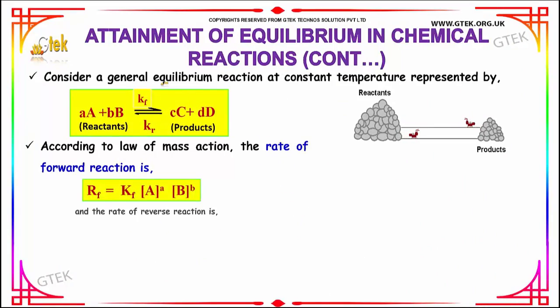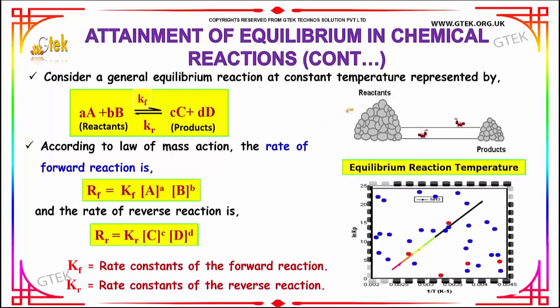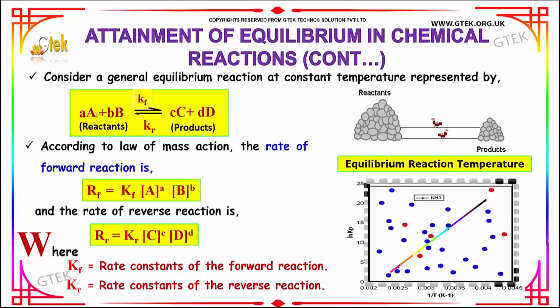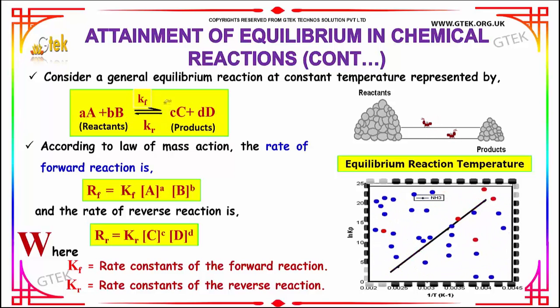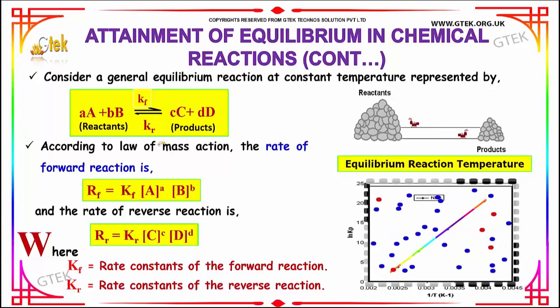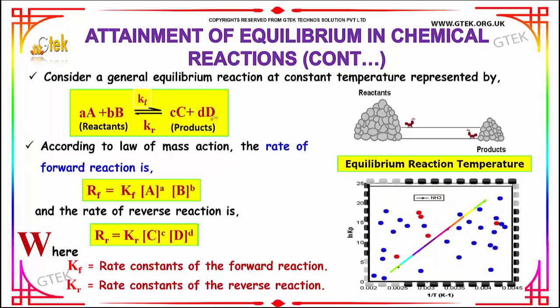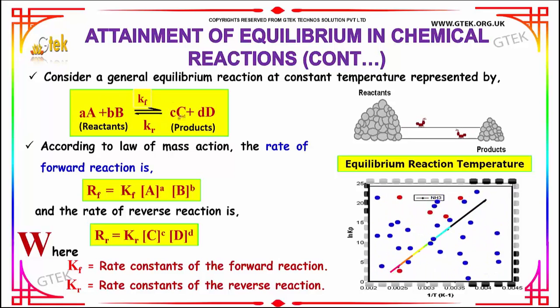Consider a general equilibrium reaction at constant temperature, represented as aA + bB, which are the reactants, reacting to give cC + dD, the products.